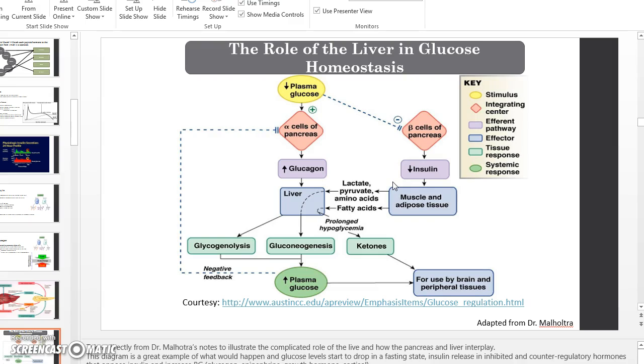methods of energy. So if we do not have enough glucose to use, those fatty acids can also be converted into ketones, which will then be used by the brain and other tissues for energy. If you think about other physiology courses that you may have had, you may recall the term ketoacidosis, and that's similar to what is happening here.